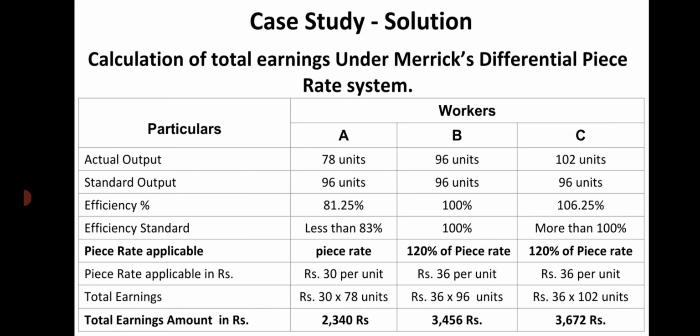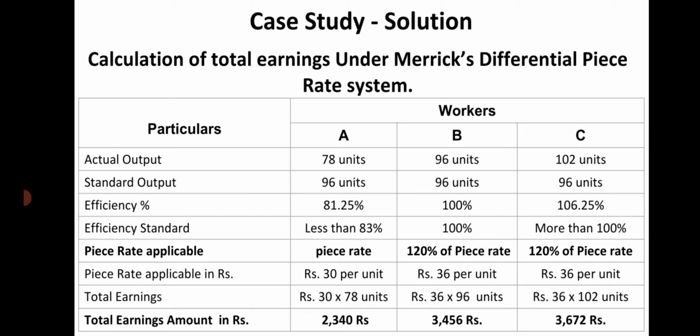See, under Merrick differential piece rate system, 3 workers A, B, C, actual output 78 units, 96 units, 102 units, standard output 96 units for all 3 workers. Efficiency percentage we have calculated: 81.25 for A, 100% for B, 106.25% for C. A comes under less than 83%, so only the normal piece rate is given to A. B has 100% efficiency, so 120% of the piece rate.